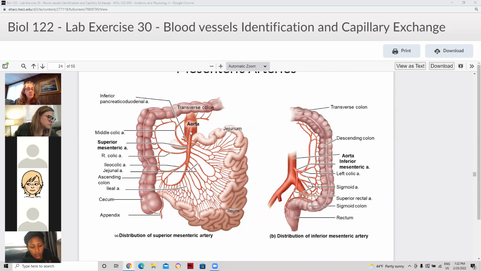Superior mesenteric is going to do much of the large intestines, some of the small intestines. The inferior mesenteric is going to do part of the small intestines and part of the large intestines.